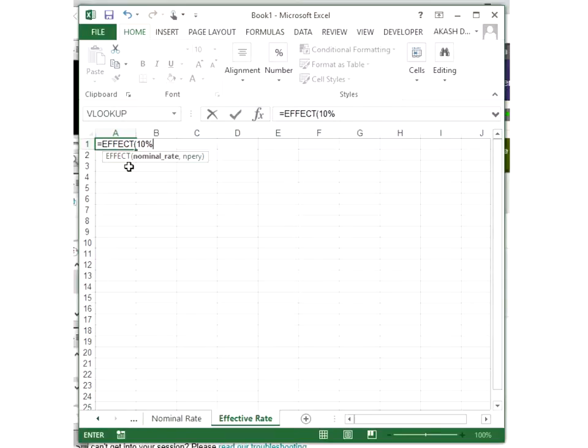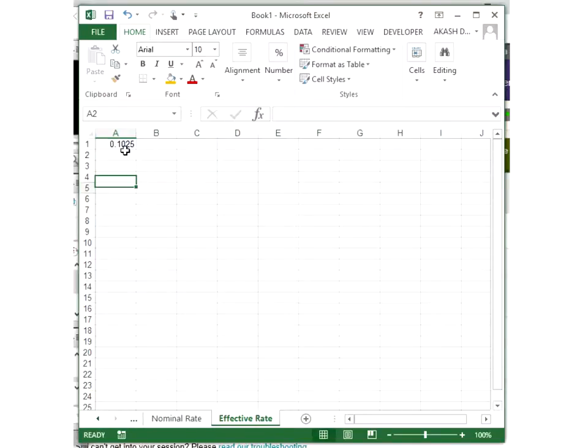So for example, if I take the case of 10%, and comma, the number of times compounding, I just put 2 there. You can see that the effective rate is going to be 10.25%. That's the effective rate.